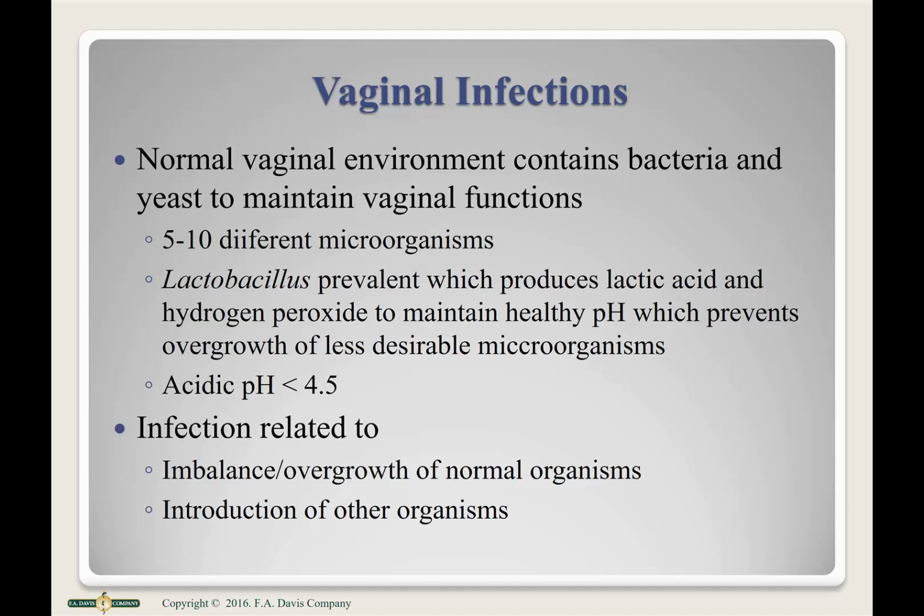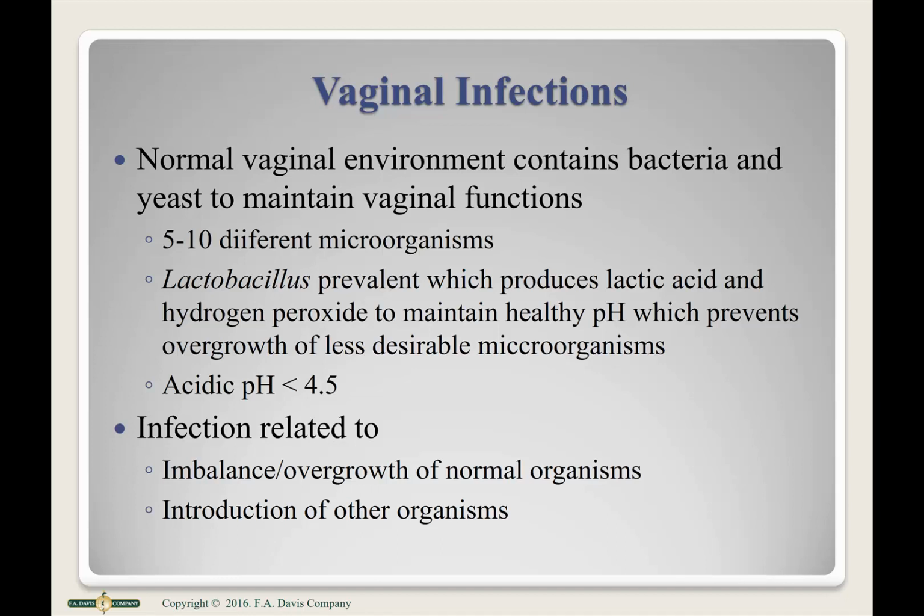Moving on to vaginal infections. So normally, the vagina does have a lot of normal flora, bacteria, and yeast that maintains the health of our vagina. Okay. And the vaginal pH is usually very acidic, less than 4.5.